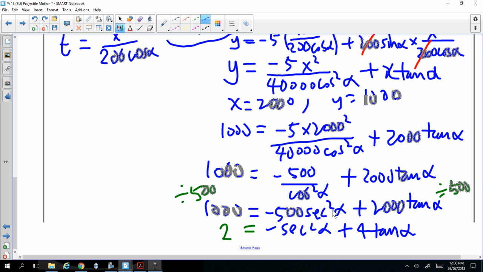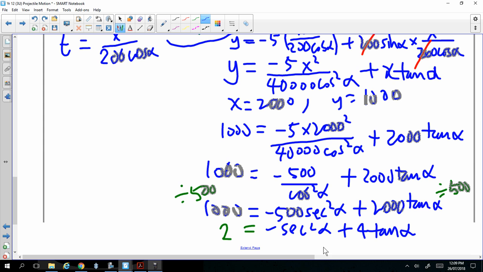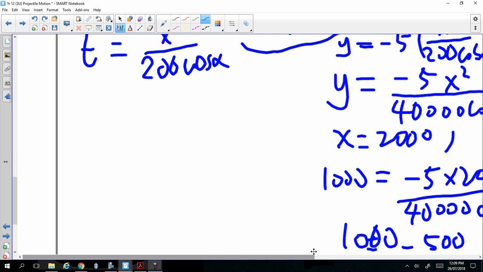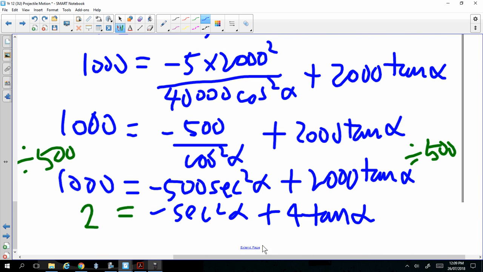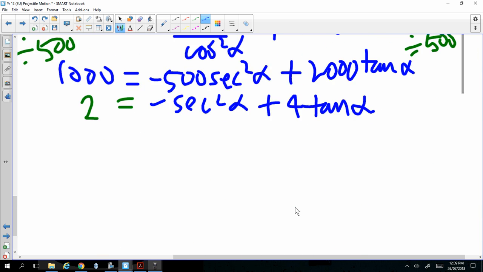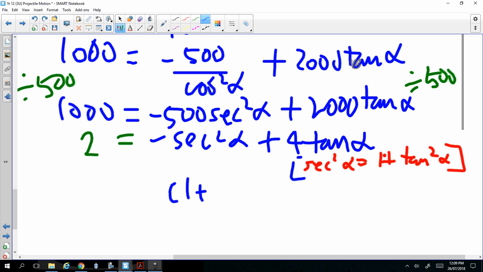Now, how do I change sec squared to tan squared? You can use a formula which is not on the reference sheet, so you have to remember it: sec squared equals 1 plus tan squared. So we change it to 1 plus tan squared alpha plus 4 tan alpha.